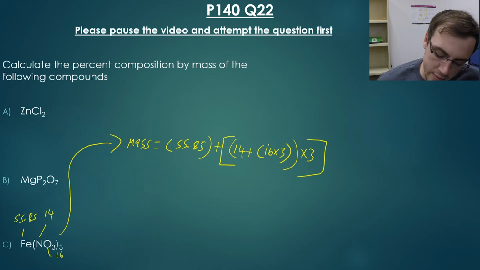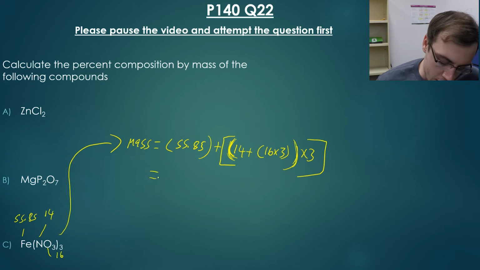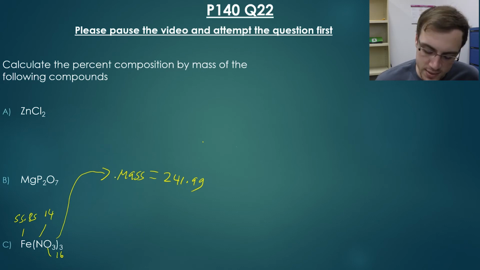So everything inside these outer brackets is multiplied by 3. That means that the total mass for FeNO3, as we can see down here, is going to be 241.9 grams.